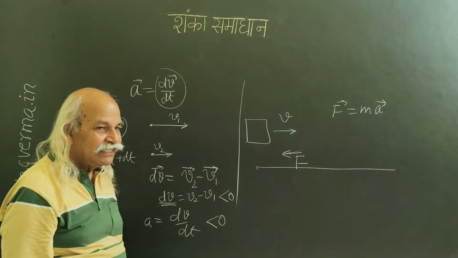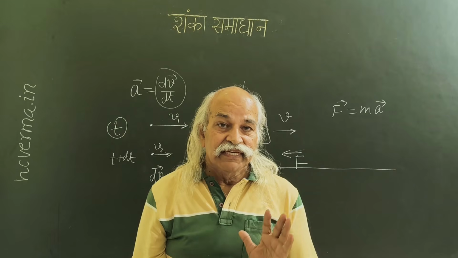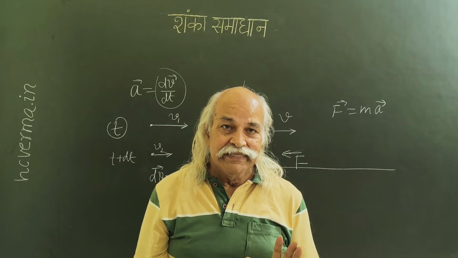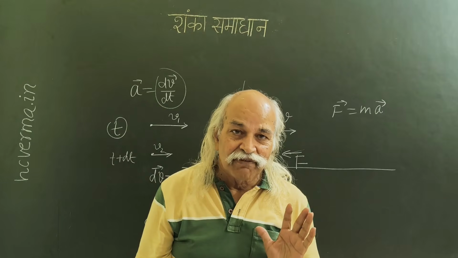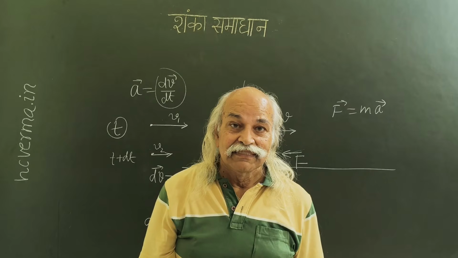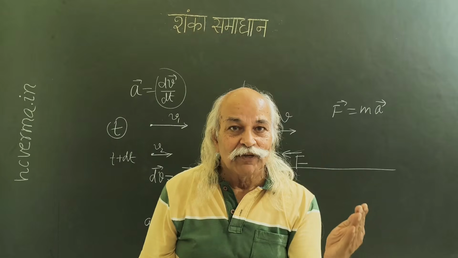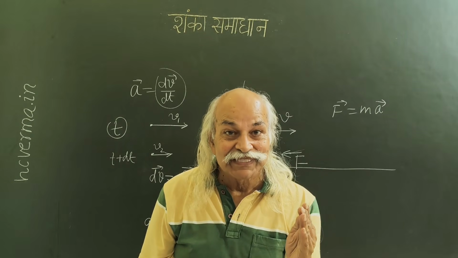Velocity is positive, acceleration is negative. Whenever acceleration is in the direction of velocity, the velocity will increase. If you think that velocity has decreased, so acceleration has also decreased, but the direction has not changed, that is not right.